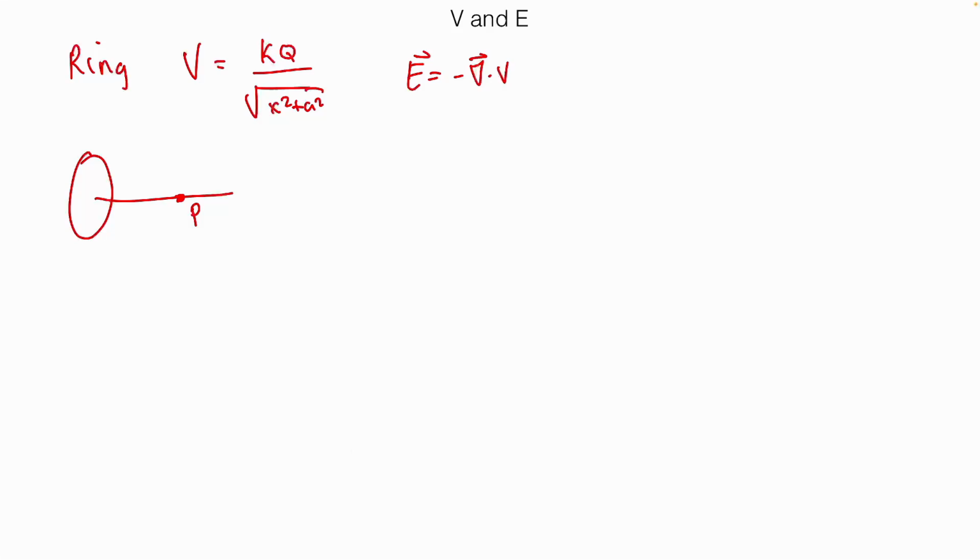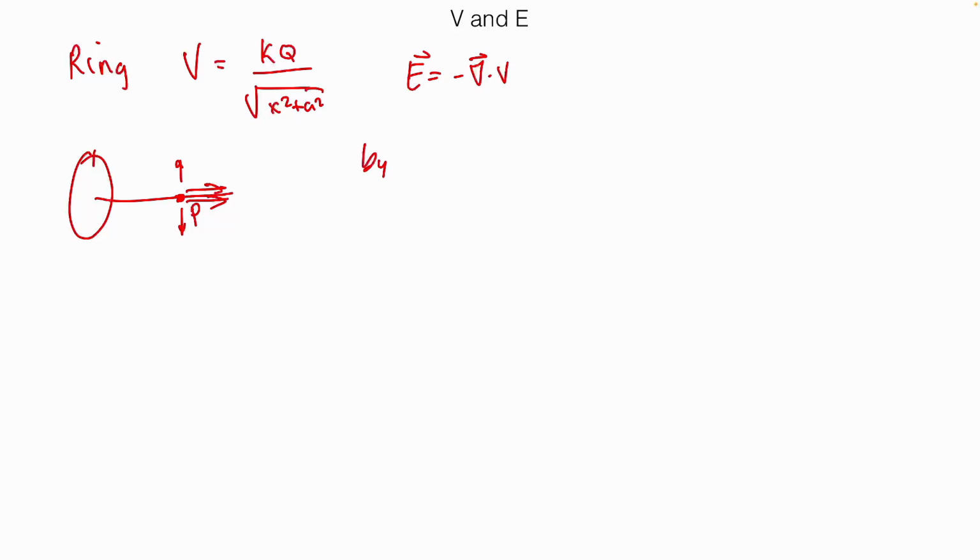Only in the x direction, right? All the other directions around it will cancel each other out. From the top, we could get electric field pointing down. From the bottom, we get it pointing up. But those are all going to cancel each other. And the only things we're going to have are the ones pointing along the x-axis.